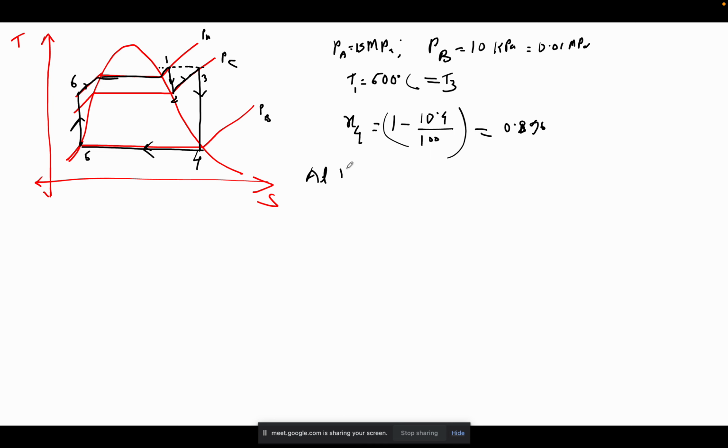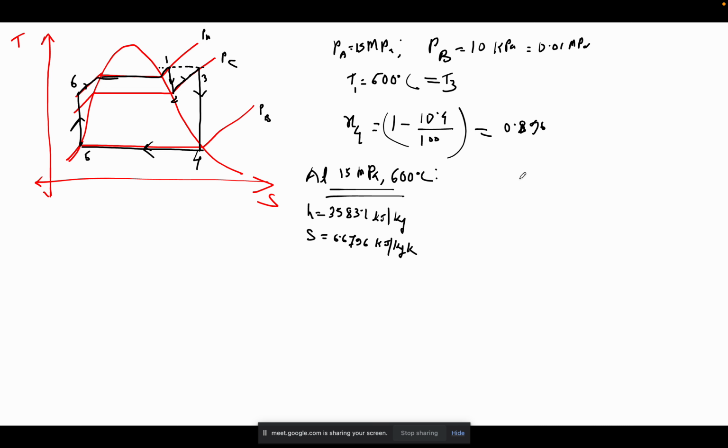At 15 megapascal and 600 degrees Celsius, from the steam table we get H equals 3583.1 kilojoule per kg, and S equals 6.6796 kilojoule per kg Kelvin.